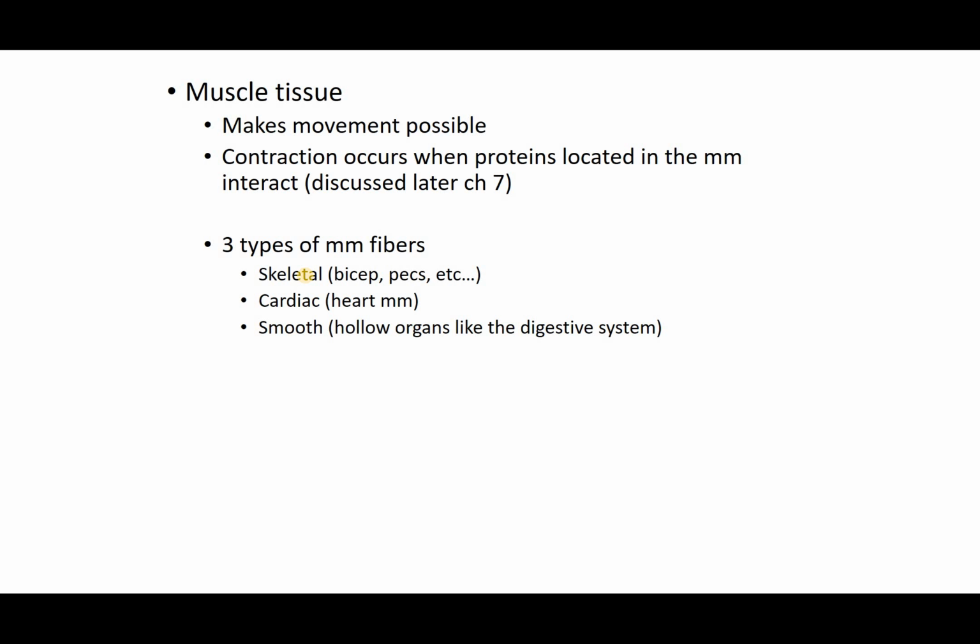Cardiac muscle is heart muscle, and smooth muscle, the hollow organs and tubes, the alimentary canal, your digestive system, all that inside of us, those are smooth muscle. Muscle's function overall is contraction and movement, helps us move.